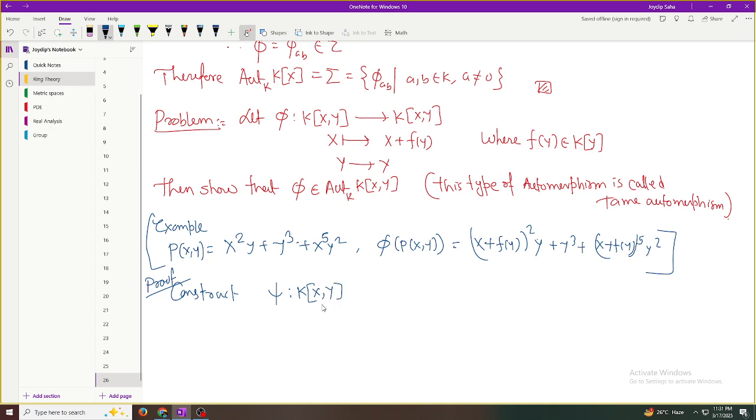This is a very easy problem. x goes to x minus f(y) and y goes to y.